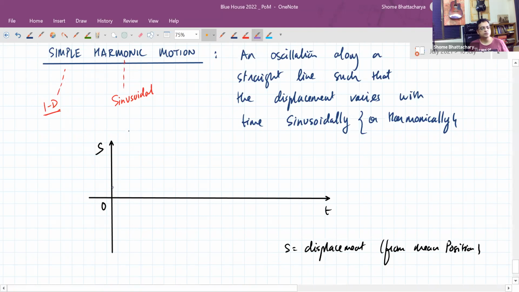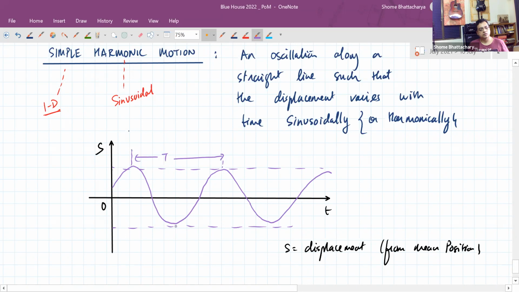It need not start from zero, it need not start from the extreme position, but it should be a sine curve. In that you can see that this will be one cycle or one period.